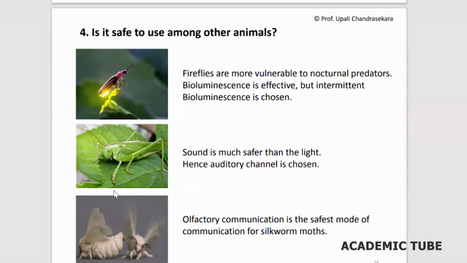For the grasshoppers, the sound is much safer than the light because even if they adopted light production, they cannot communicate by intermittent light production. Now, for the silkworms, olfactory communication is the safest. So those are the factors that animals have to consider when selecting the proper communication channel.